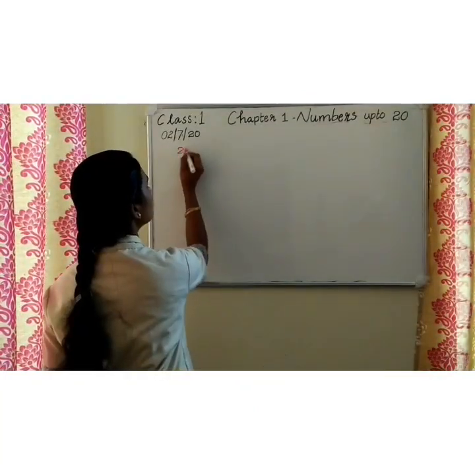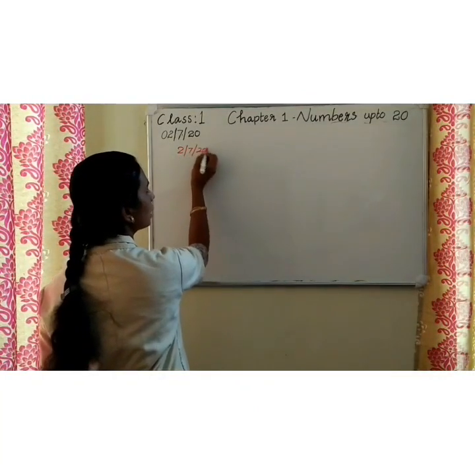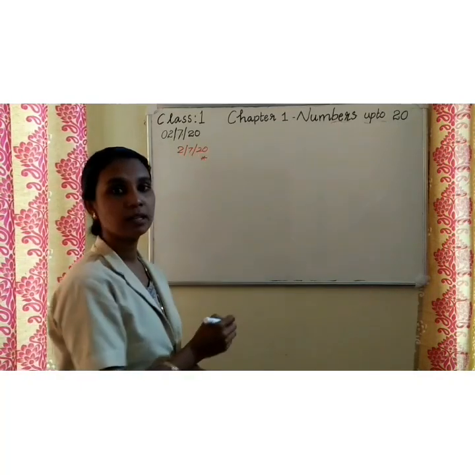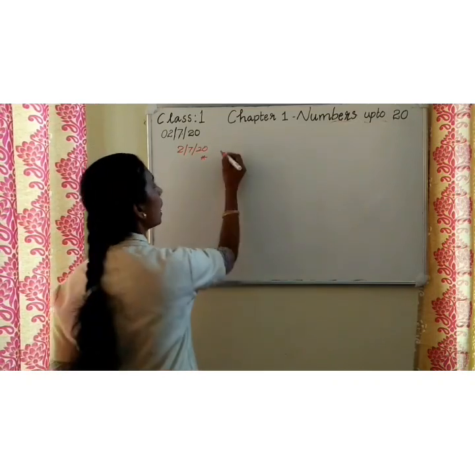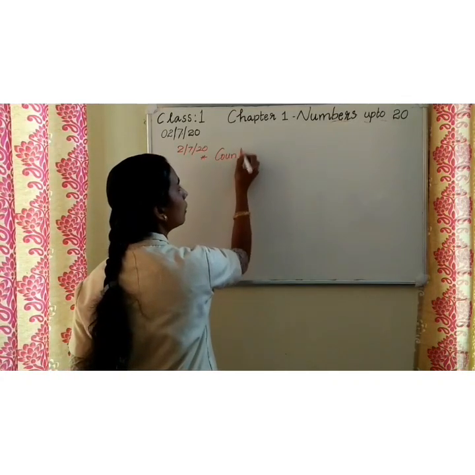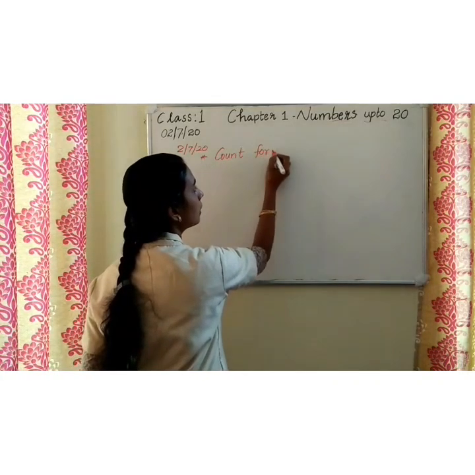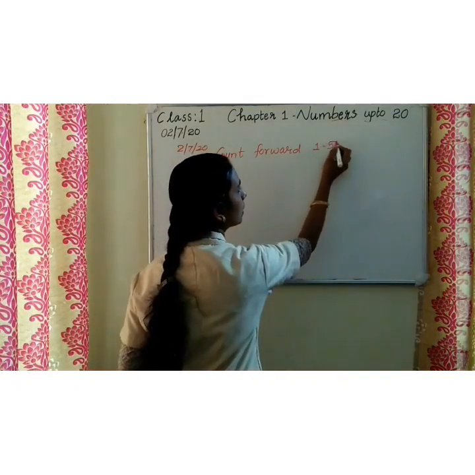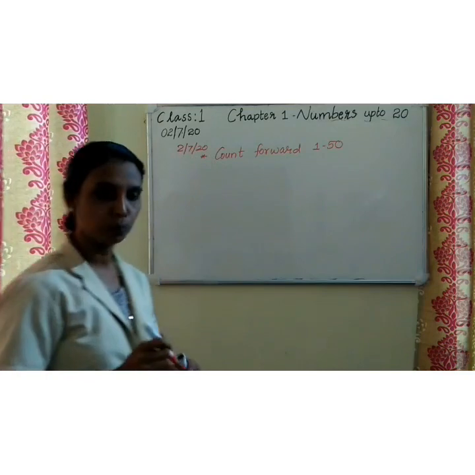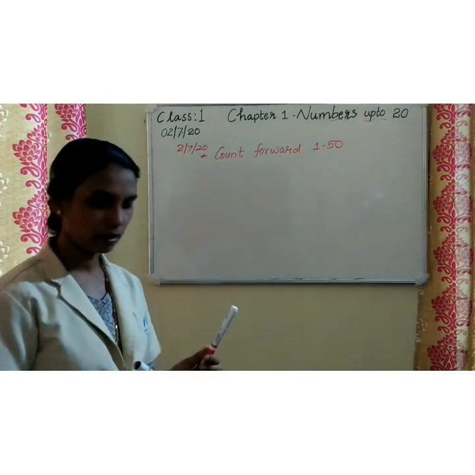Today's date is 2/7/20. Then write count forward 1 to 50. Count forward the numbers 1 to 50. Write in your notebook. You start from 1.